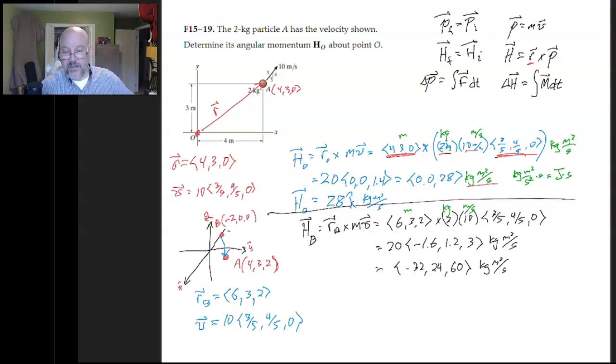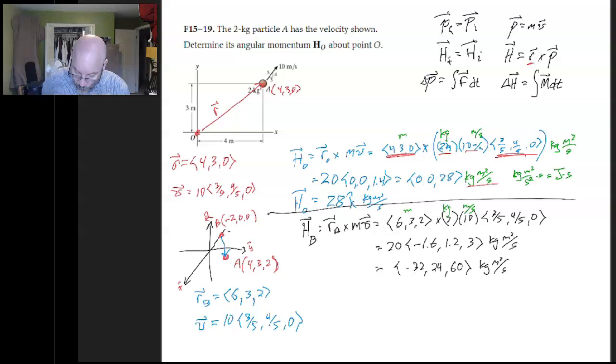We could talk about the different components of that angular momentum. In this case we've got an X component, a Y component, and a Z component. It might be important for some application to know what the component was in this direction or that direction. Just treat it like a regular vector, and it's good to go.